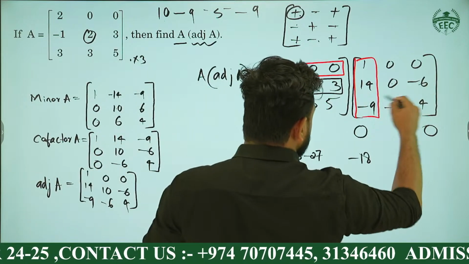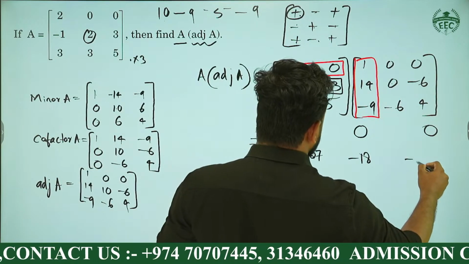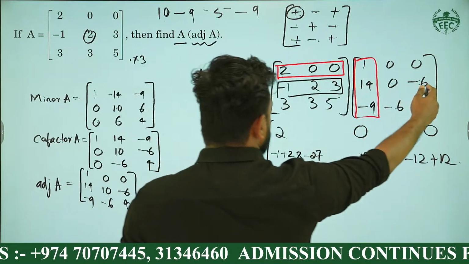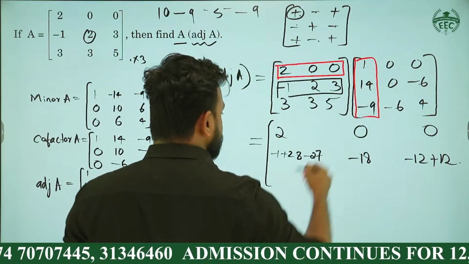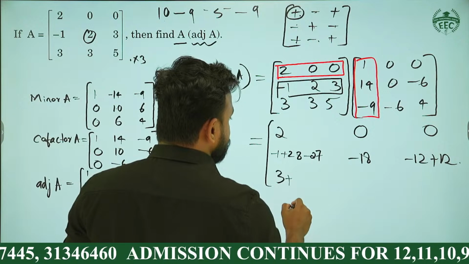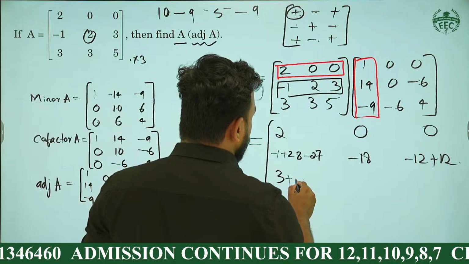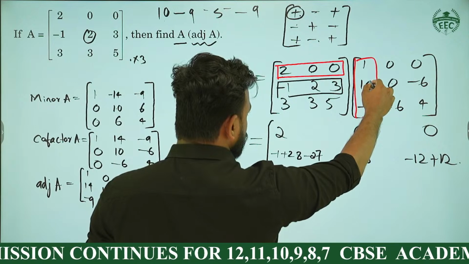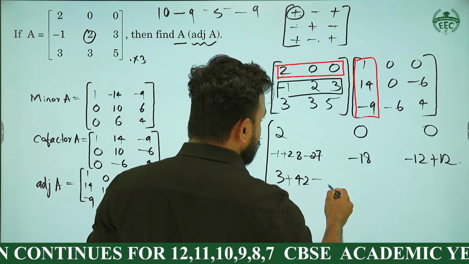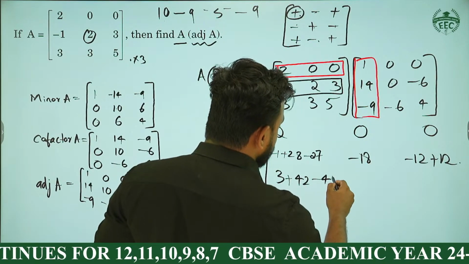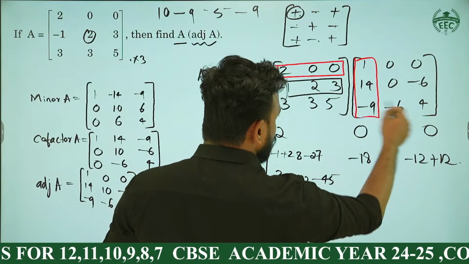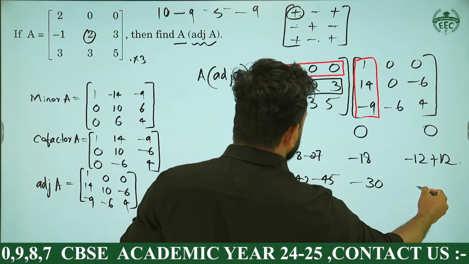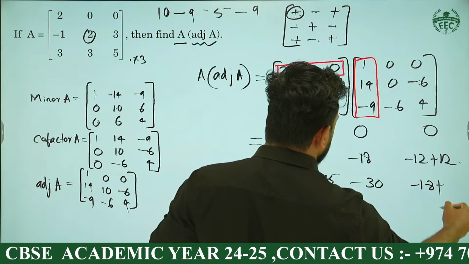Then 0 minus 12 plus 12, then 3 plus 42 minus 45, then 0 minus 30, then 0 minus 18 plus 20.